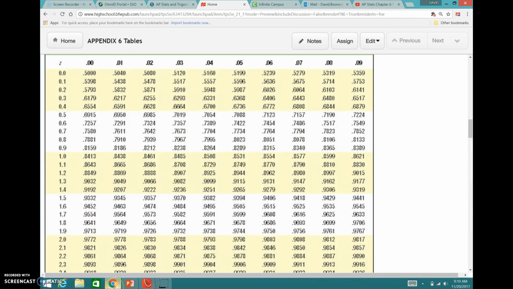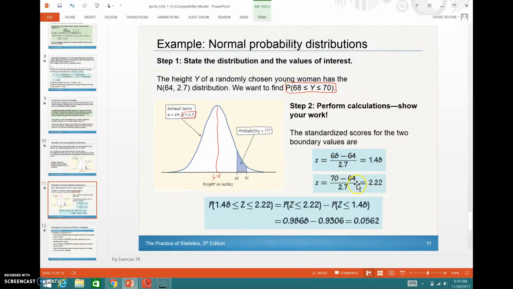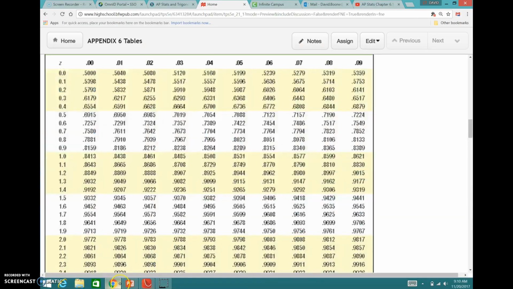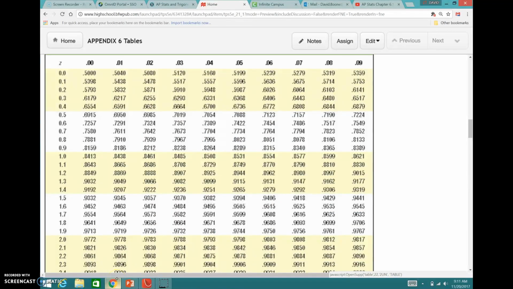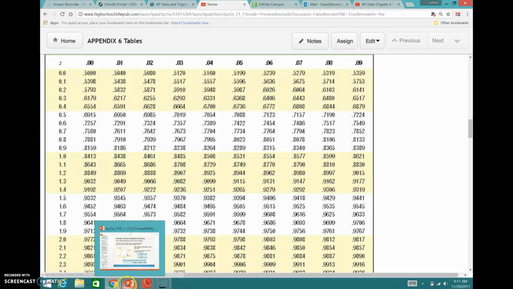And then our other score that we're looking up on our z-chart was the 2.22. And 2.22, so that's 0.9868 right there.